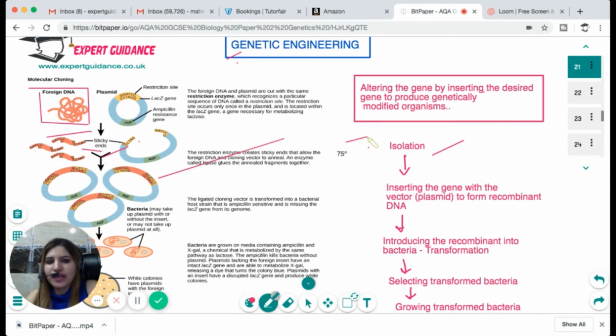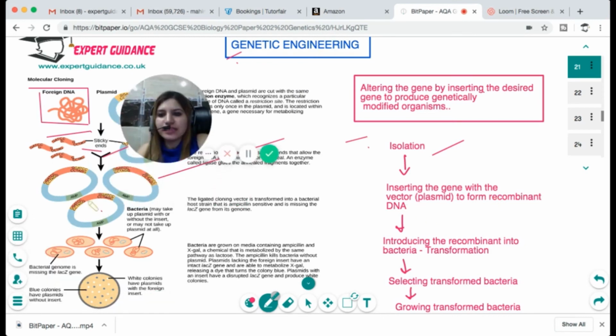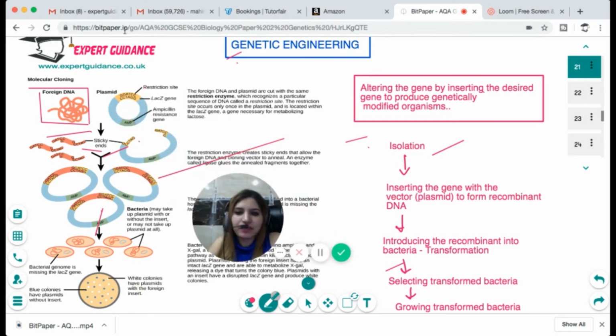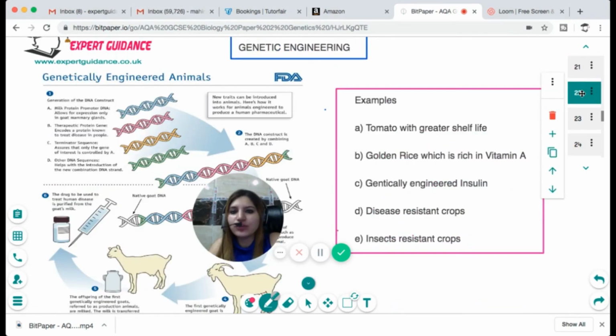So first we isolate the gene, then we cut the vector and the gene, and then we join the two to make the recombinant DNA. Then we insert this recombinant DNA into the bacteria, and that is known as transformation. Then we select the bacteria that have been transformed with the foreign DNA, and make multiple copies of that particular bacteria. In this way, the bacteria will express the gene that we require.